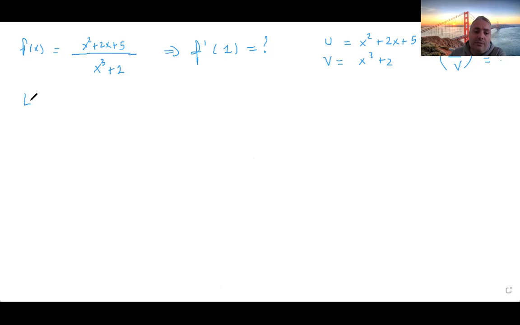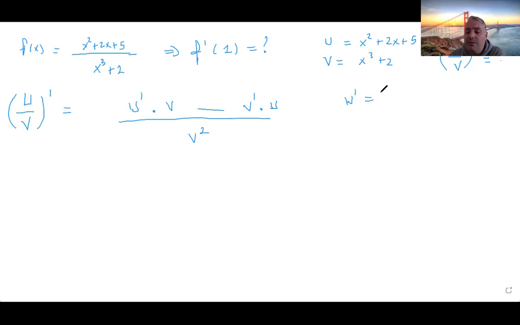So I know that the derivative of u over v is u prime times v plus, minus, not plus, don't make this mistake, u prime times v minus v prime times u all over denominator to the power of 2. So in my question, what is u prime? The derivative of x squared plus 2x plus 5 is 2x plus 2. What about v prime? 3x squared plus 0.